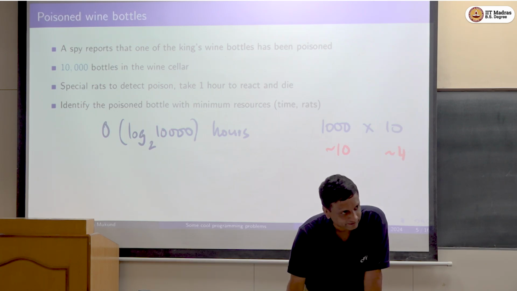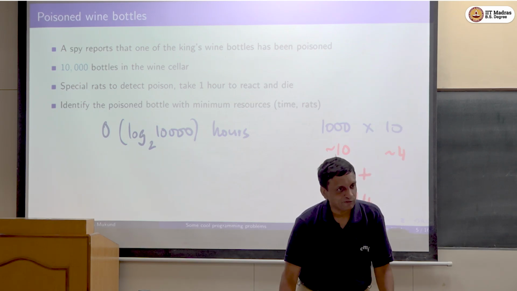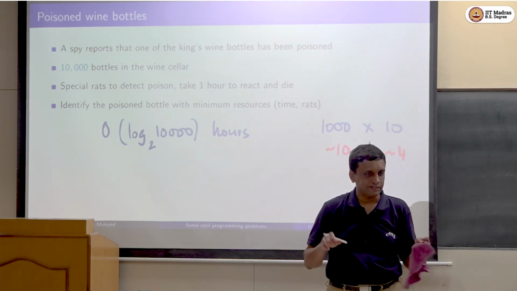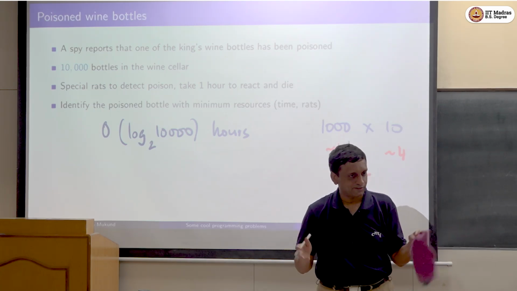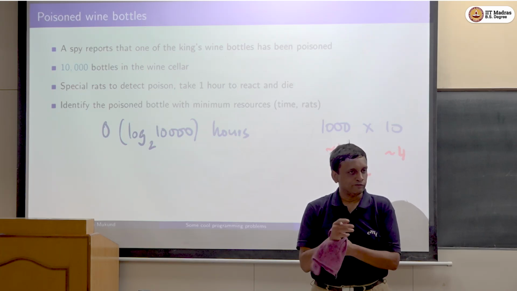So log of 10 to the base 2, somewhere between 3 and 4. Right? When you multiply, you add. So 1,000 times 1,000, you add 10 plus 10. 1,000 times 10, you add 10 plus 3 point something. So unfortunately, you cannot use 13.3 rats, so you have to use 14 rats.